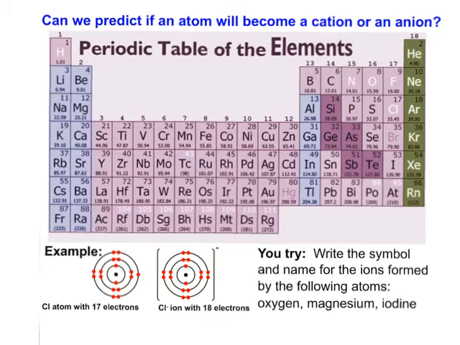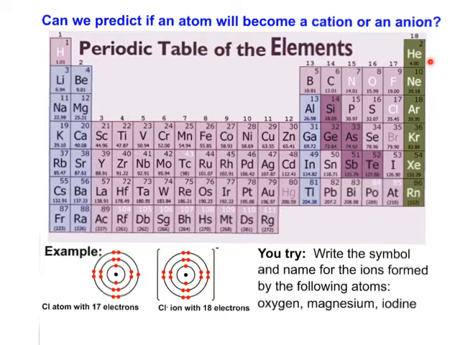But for now, we're going to stick with the simple ones, and those would be the elements in these families here. I'm going to explain to you a little bit why elements like to become either a cation or an anion.